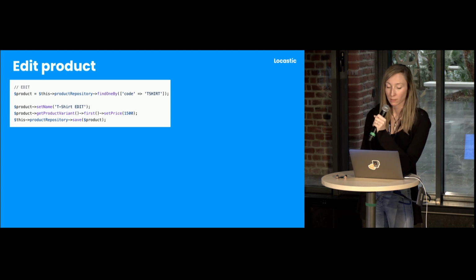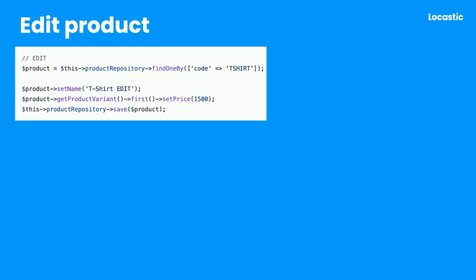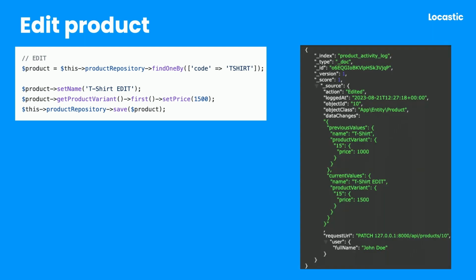And for editing, here in this code, we find this product from the database. We change its name, and we also change one field from a product variant, and we change its price. So the activity log looks something like this. So now the action is edited, but now we do have data changes. So we will always have a previous and the current values in a response.